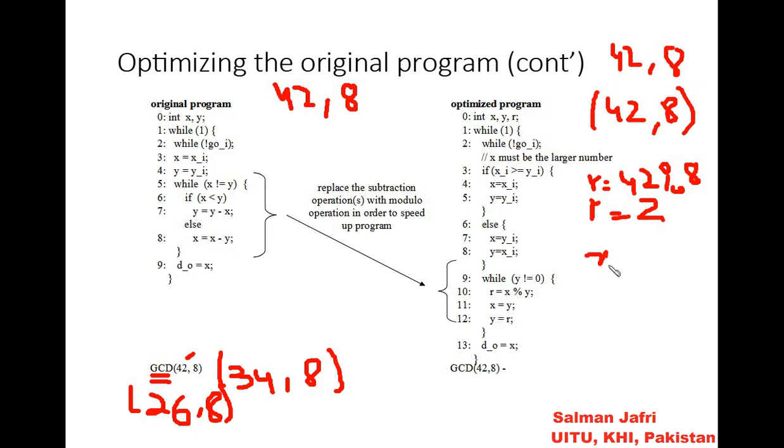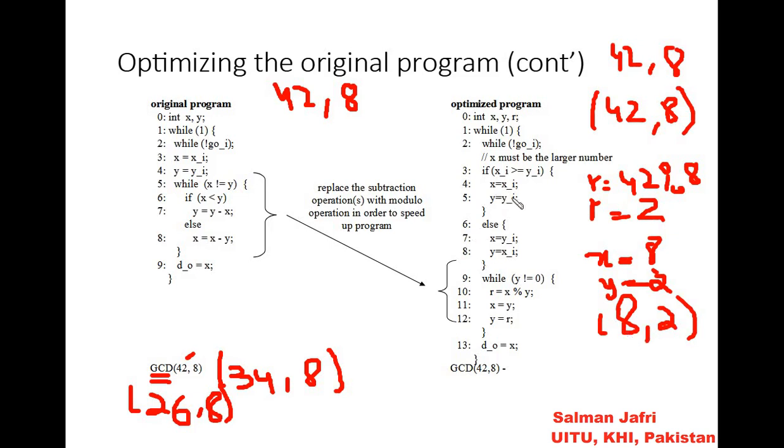So x equals 8 and y equals 2. So the answer that we have now is 8, 2. So this would carry out the second iteration.